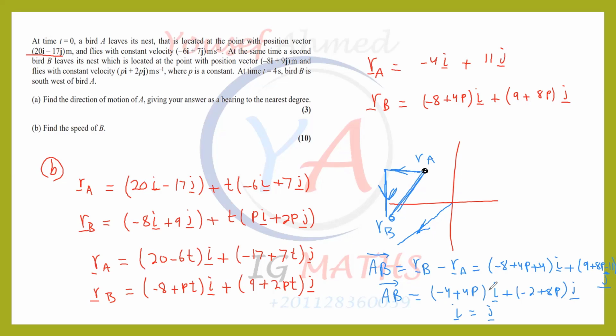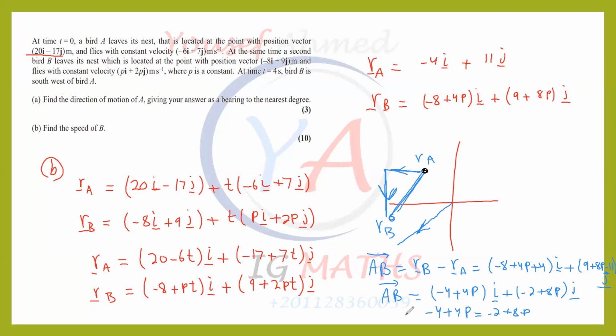So you will equate this to get the value of p. So what I will do is, I will now equate this part together. So negative 4 plus 4p is equal to negative 2 plus 8p.